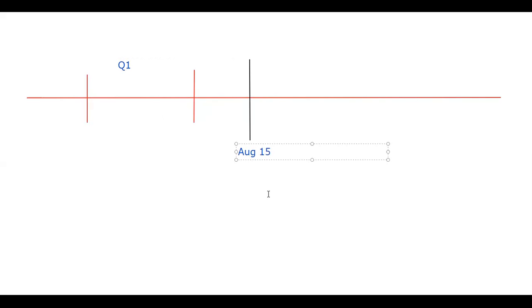Then the actual date you paid is not August 15.